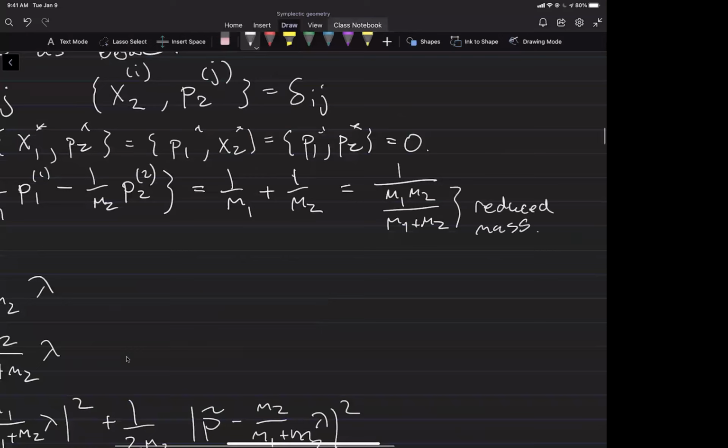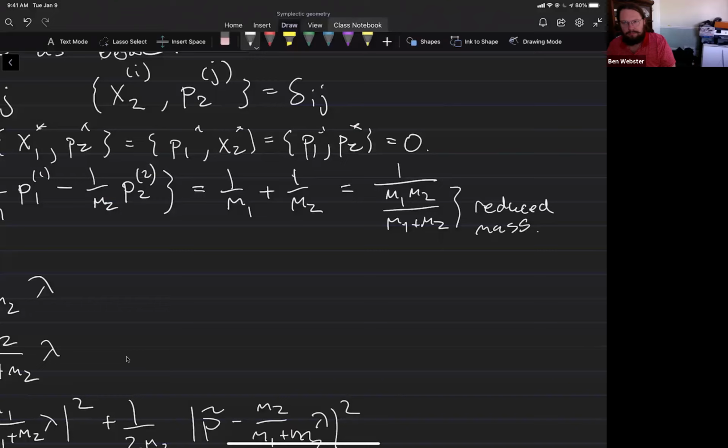Can I ask a question? Yeah, of course. If we think about two bodies as two point-like particles, for example, they can't be in the same point, right? So typically we also have to take out the diagonals. When you said that we can extend the Poisson bracket to the entire space, is that also true when we take out the diagonal? Yeah, I admit I'm being lazy here about points like that.